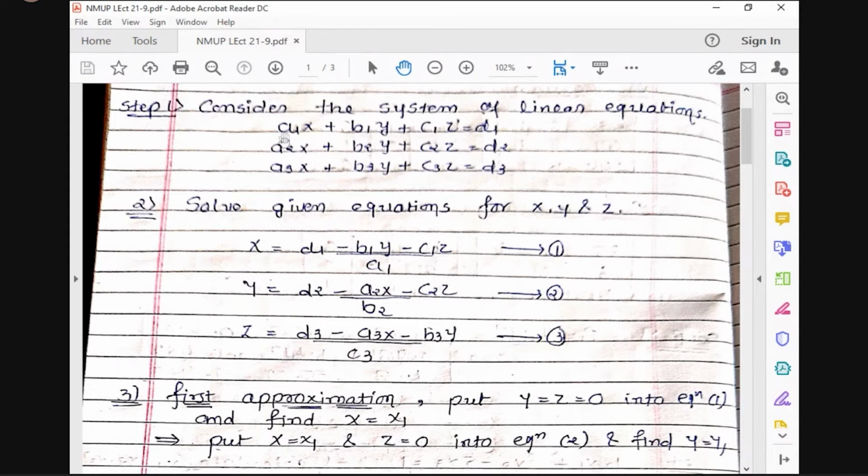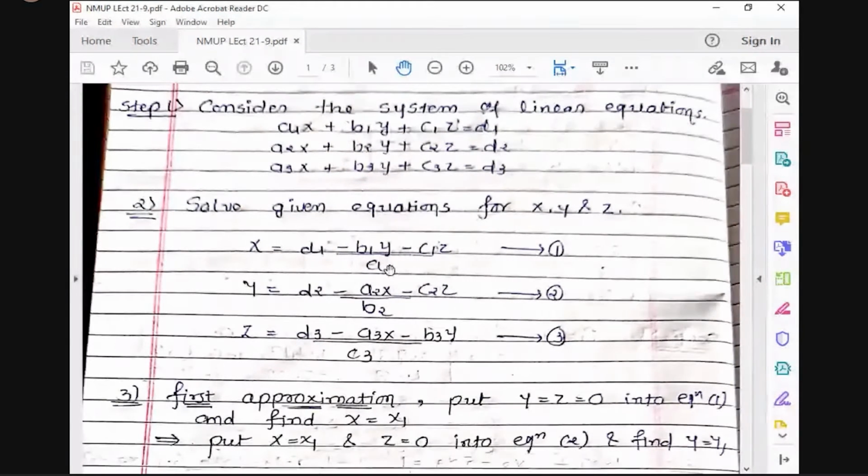Suppose that, out of these three equations, a1 is the largest one. With the help of this, we make one equation for the value of x. So x is equal to what? Simply (d1 minus b1y minus c1z) divided by a1.